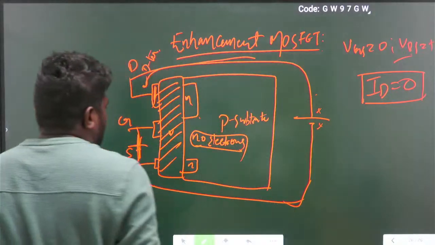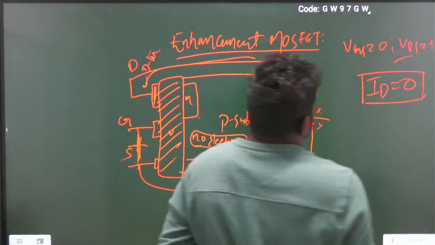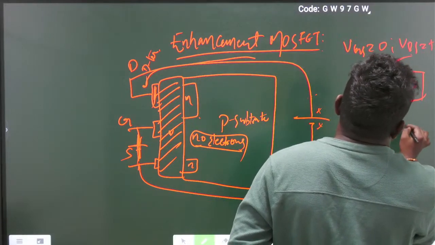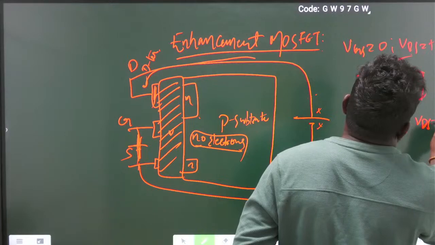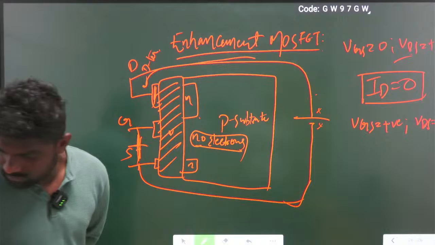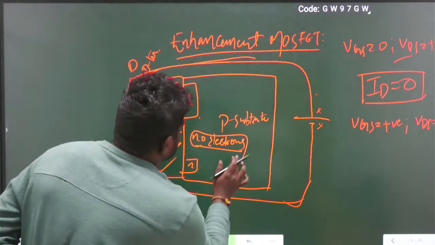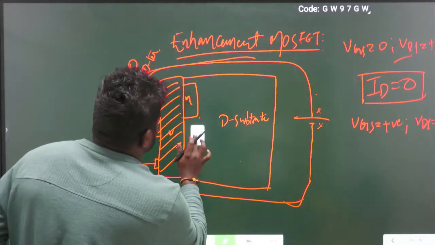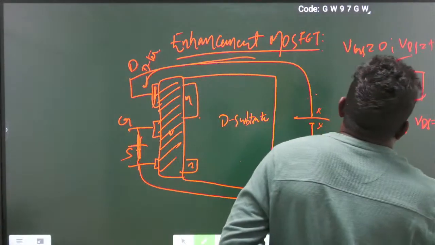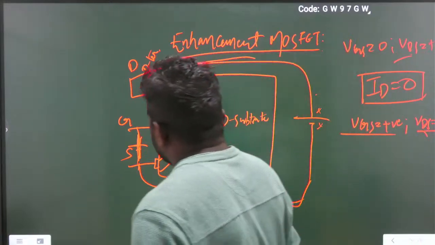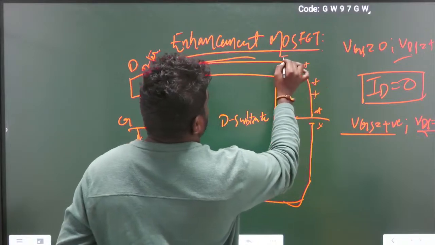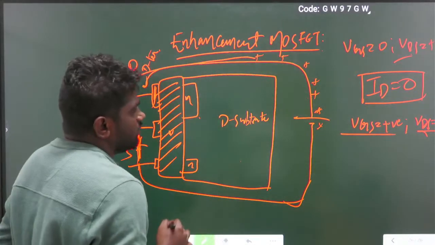Okay? Now I am applying some VGS positive and VDS positive. Now see, my condition is VGS positive and VDS positive. Whenever VDS is positive, the positive charge accumulates on the drain terminal.